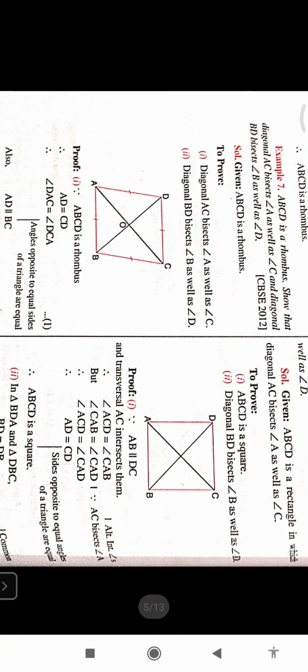Now, we will start question 7. We can see in the figure, 6 and 7 we are going to solve today. 6 is completed. Now, question 7. ABCD is a rhombus, it is given.